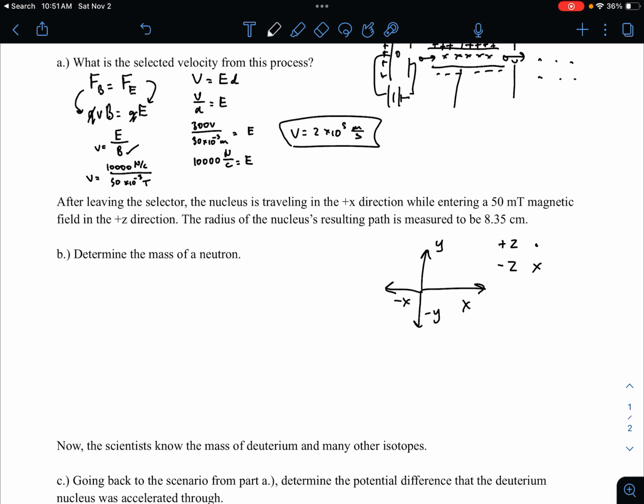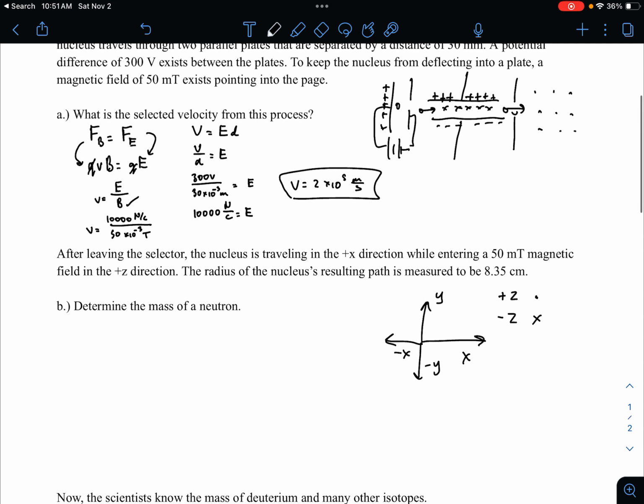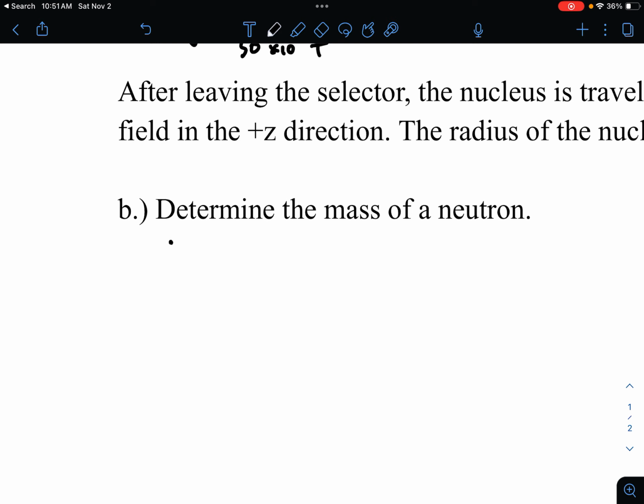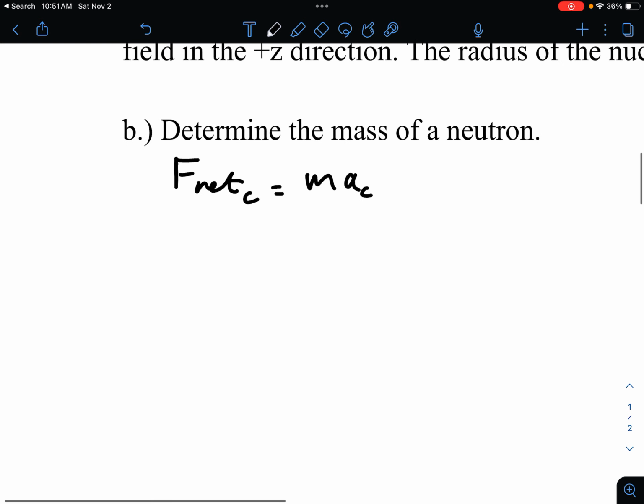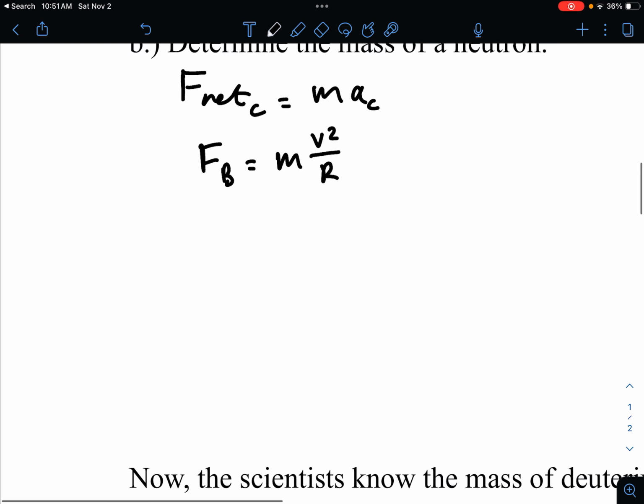So it's going to move in uniform circular motion, because the force is always perpendicular to velocity by a right-hand rule. So there's going to be a centripetal net force, which is going to equal mass times the centripetal acceleration. The net force on the nucleus is the magnetic force, and the centripetal acceleration is v squared over r.